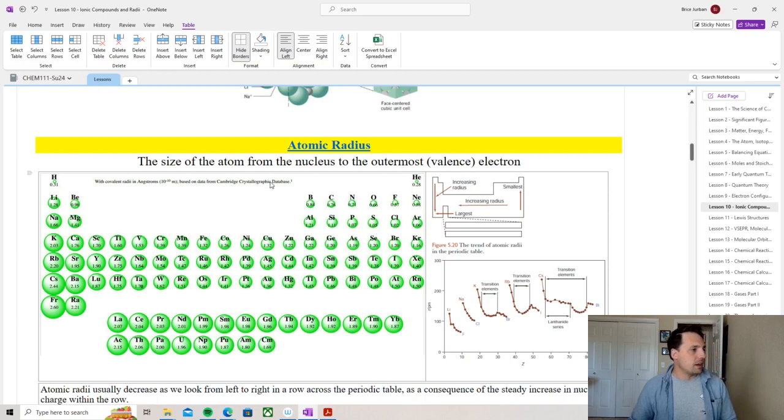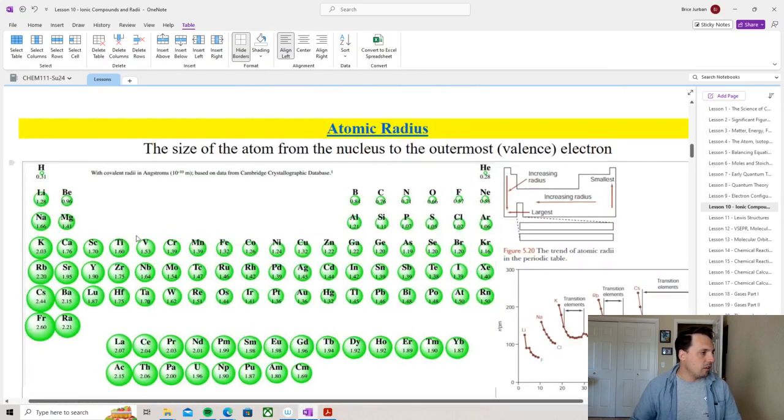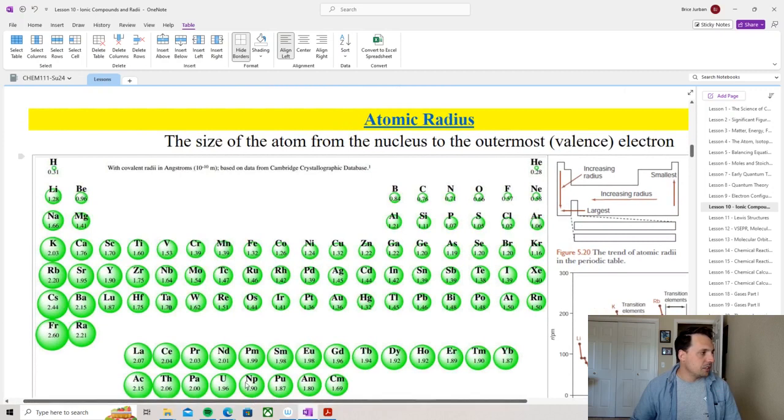So I pulled up some of that crystallographic data here for the periodic table. And if we take a look at all the different radii, we see that the smallest one is helium with a radius of 0.28 angstroms. An angstrom is a non-SI unit that stands for 10 to the negative 10 meters.